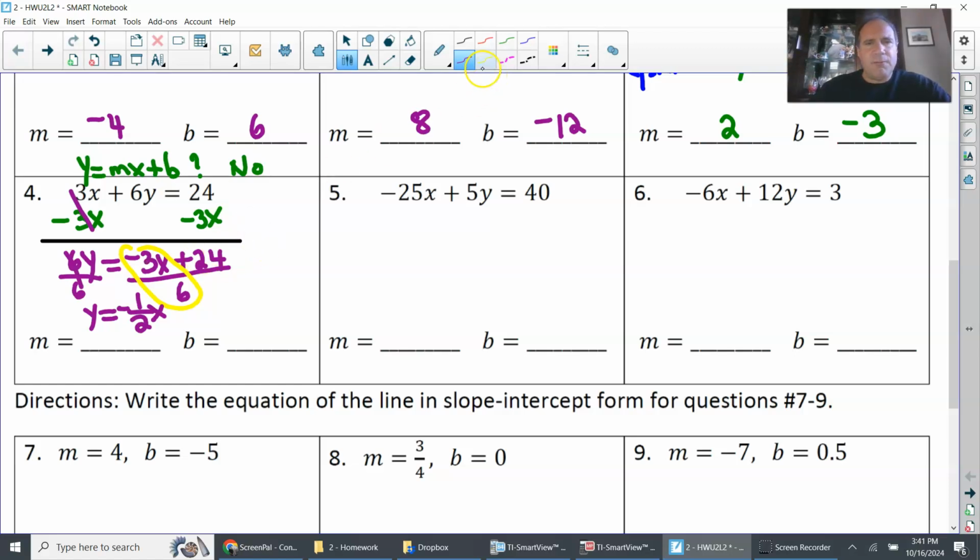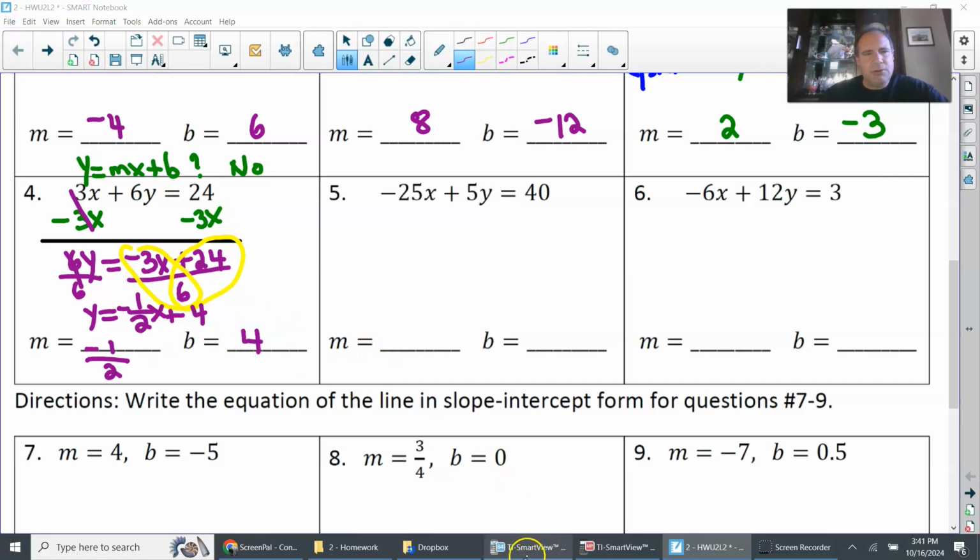And then 24 divided by 6 is 4. So it's plus 4. So it's y equals negative 1/2 x plus 4. So the slope is negative 1/2, and the y-intercept is 4.